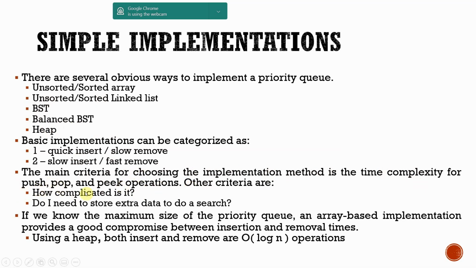I'm using the stack terminology, but it's the same as enqueue, dequeue, and peek. Other criteria are how complicated the implementation of these methods is. For example, we saw that AVL trees are not very easy to implement, right? There might be advantages to using them, but is it easy to implement?